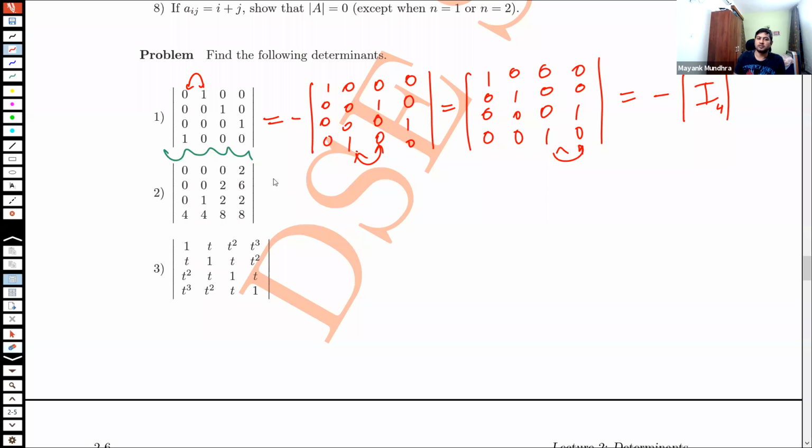So what's going to be the determinant of this thing? So convert it using column operations or row operations. Convert it into a usual triangular matrix, which looks like this. So convert it into this format and then we'll talk about it.